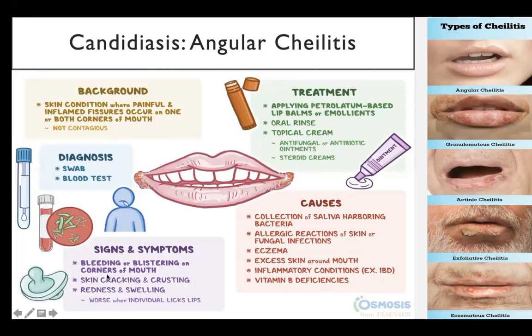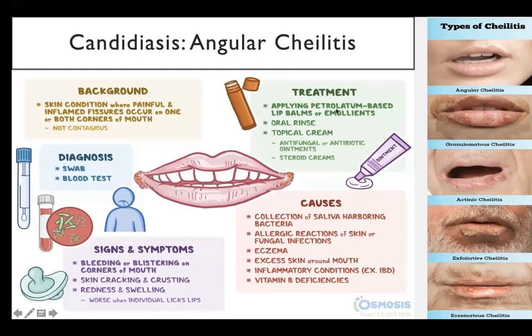Signs and symptoms: bleeding or blistering on the corners of the mouth, one or both, skin cracking and crusting around this area, and then redness and swelling. Worse when the individual licks the lip, because it got dry and you lick the lip and the area and you provide the saliva for the bacteria. Actually, you're also responsible for worsening of the disease.